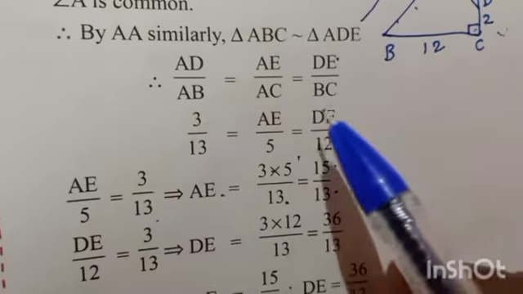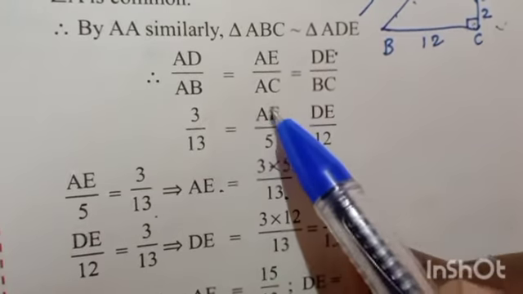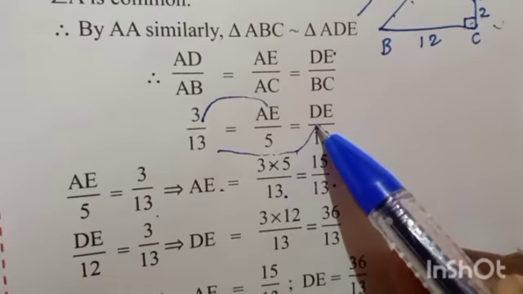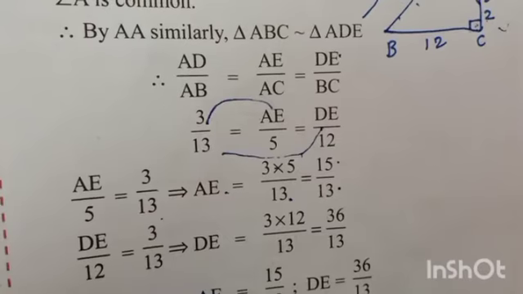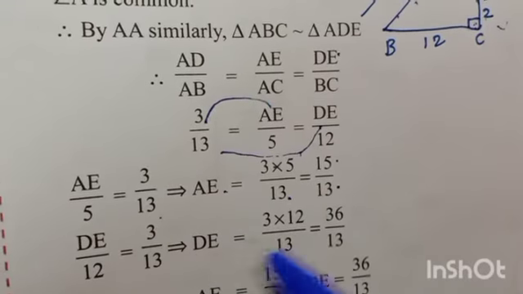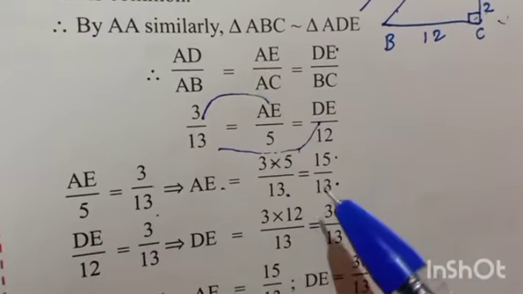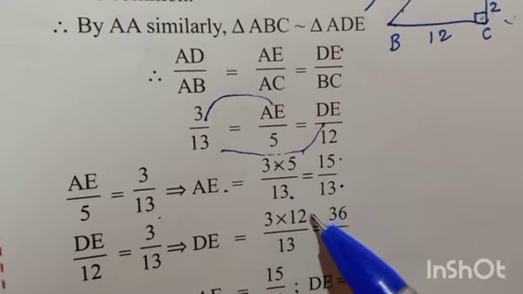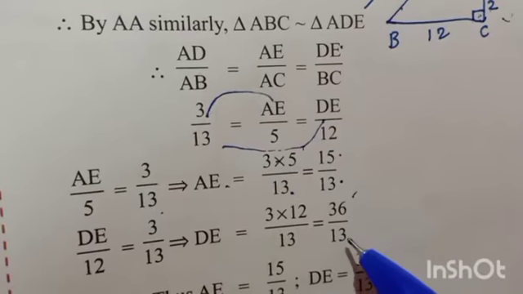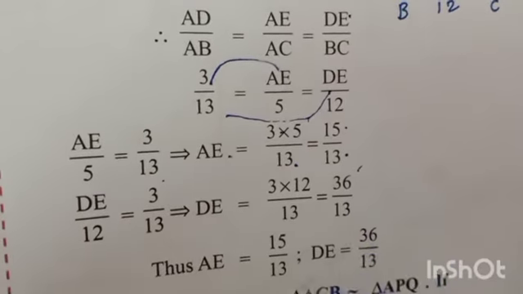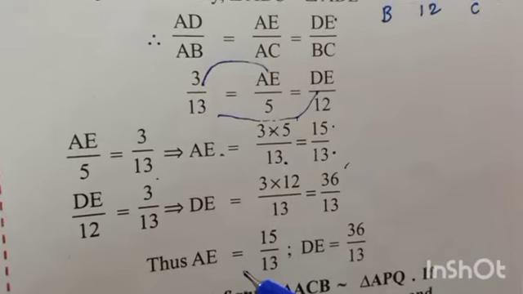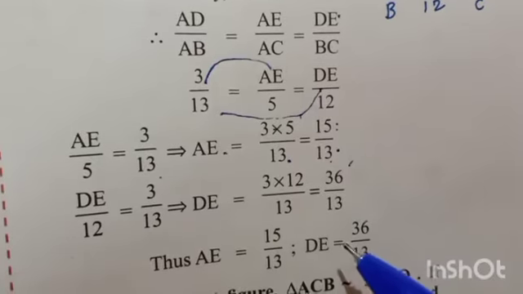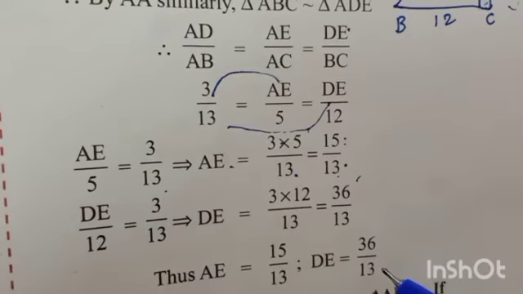Now another two ratios you have to consider. DE by 12 is equal to 3 by 13. That is DE equal to 3 into 12 by 13, since 12 transposed becomes multiplication. That is 36 by 13. So AE is equal to 15 by 13. DE is equal to 36 by 13.